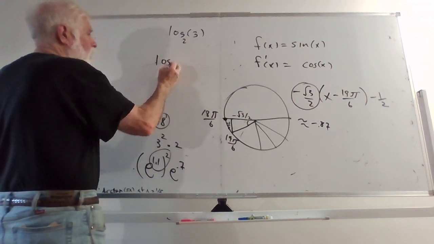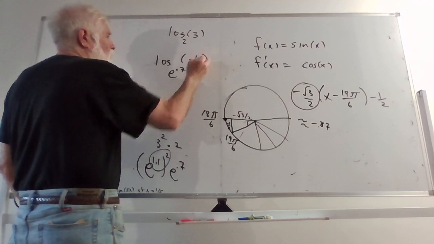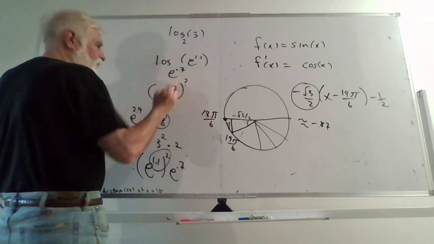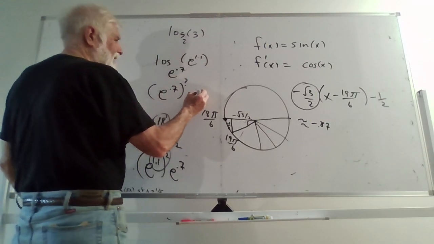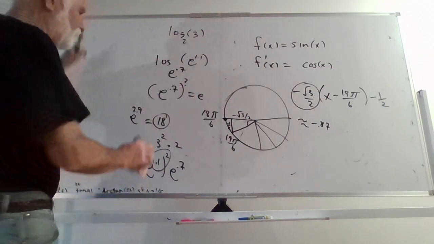So you're going to do log, e to the 0.7 gets us e to the 1.1. So e to the 0.7 to the what, I'll make a question mark, gets us e to the 1.1. I'm really messing here.